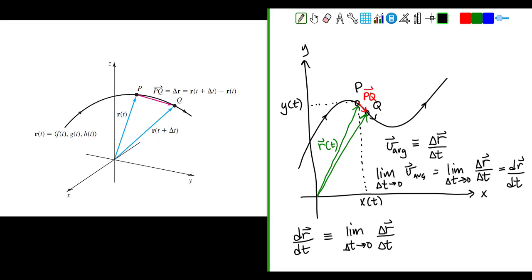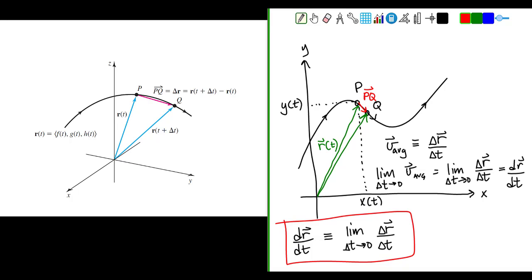This should look very familiar because it looks a lot like a derivative when we just had a function of a single independent variable. Except this being a vector function, this is a derivative over the components of a vector.